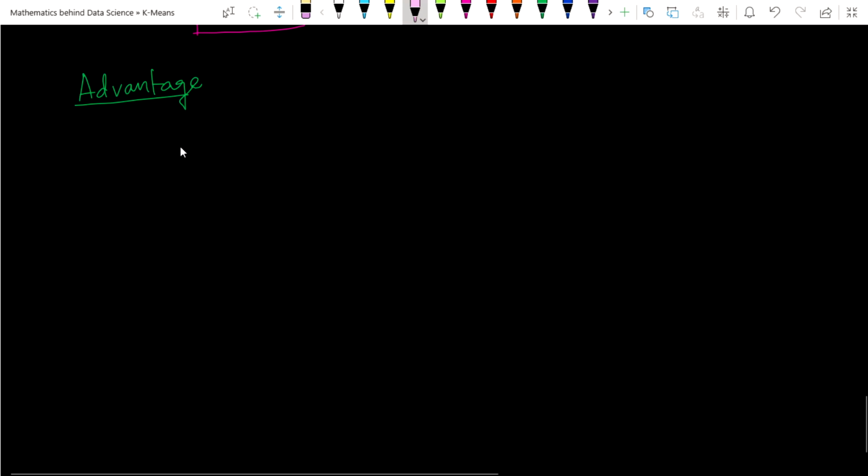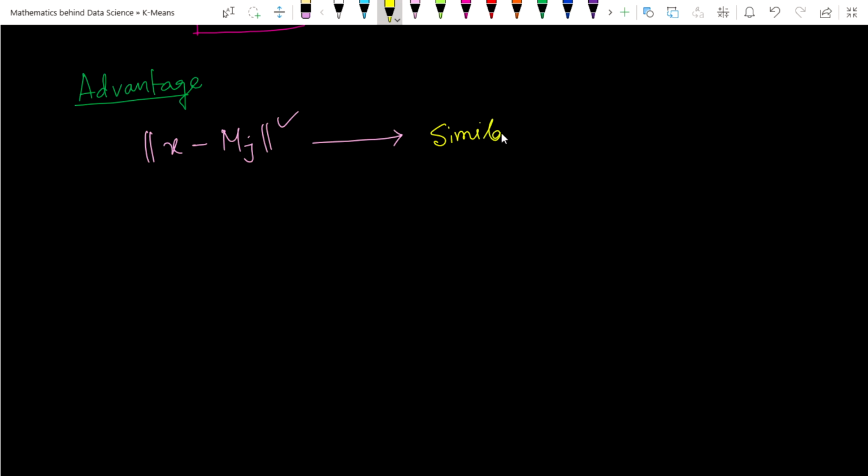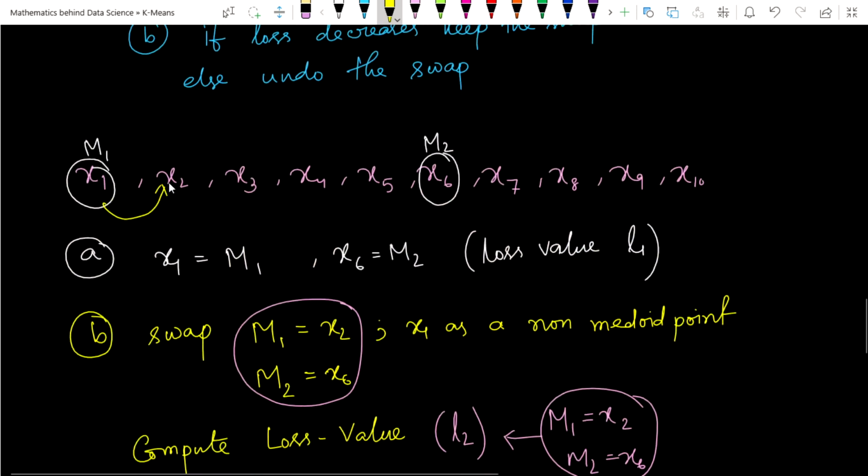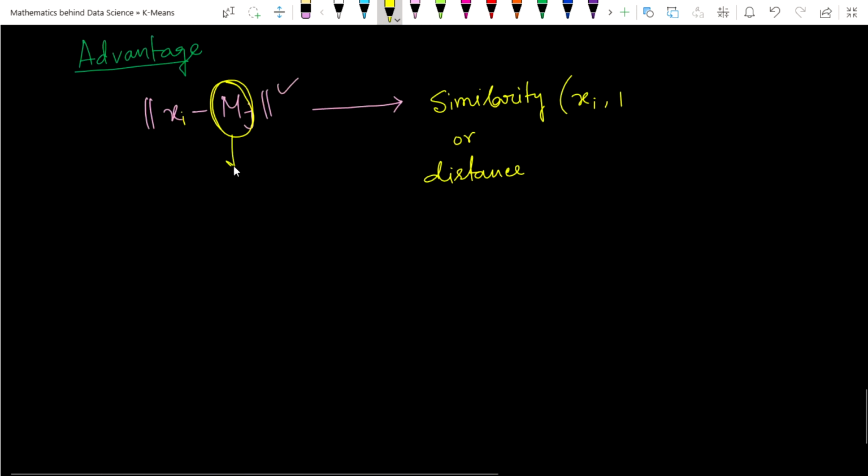The advantage is that instead of using the distance x minus mj squared, someone may give a similarity value or a distance value for xi and mj. Here mj, the Medoid point that we have taken, is really a data point.